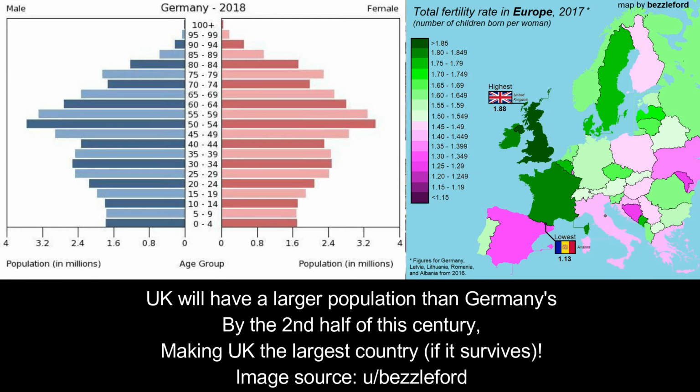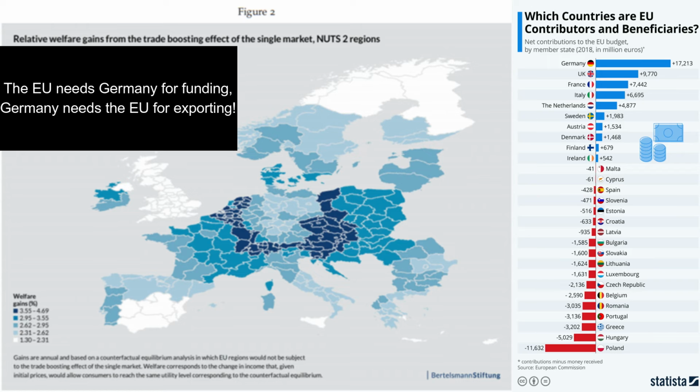So Germany, for instance, you could say it counts, but the thing is, on a demographic basis, Germany has a declining population, and although its economy is large, it is wholly dependent on exporting to other European countries. So people often say that the EU is run by Germany, and this is largely true.